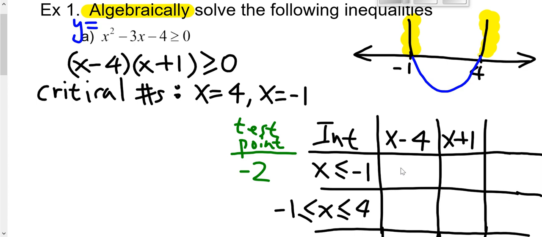We just need to know whether it's going to be positive or negative. You will see in a second why this time we don't need to be that accurate. So this will give you a negative number. If you plug in negative 2 here, negative 2 plus 1 gives you negative 1. We don't care about the 1. We just know that if we use the test point, negative 2, this factor would become a negative.